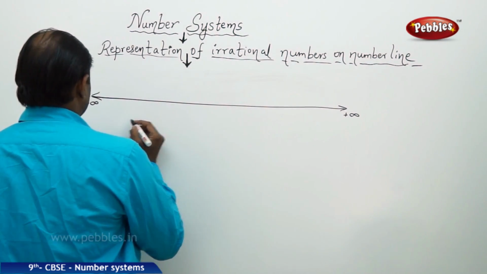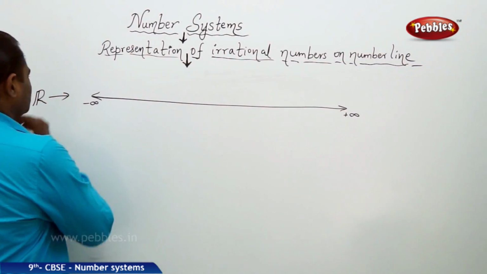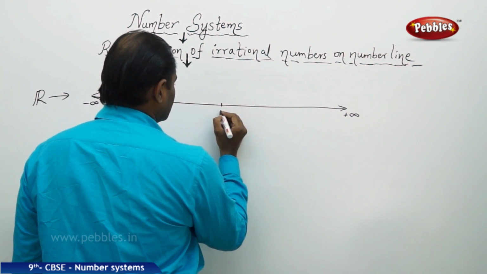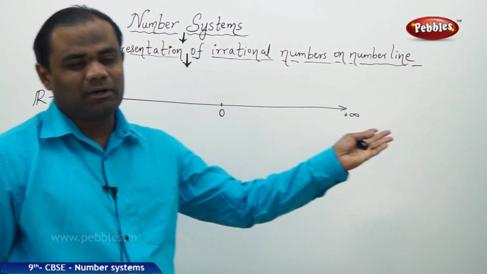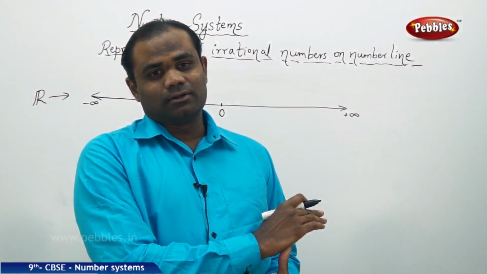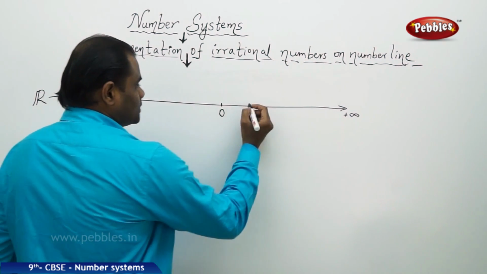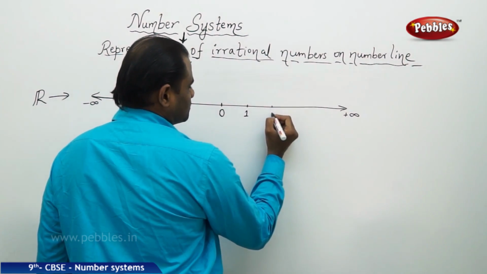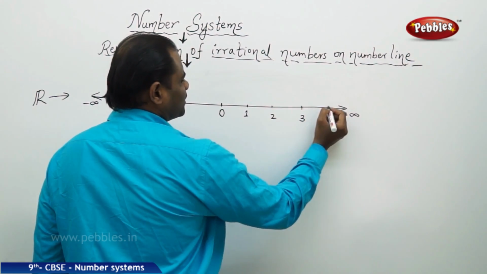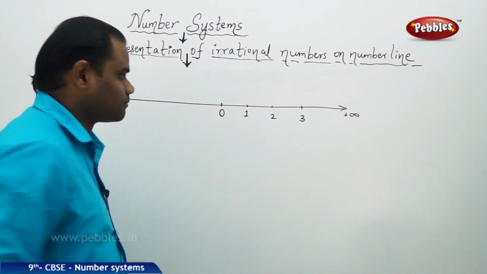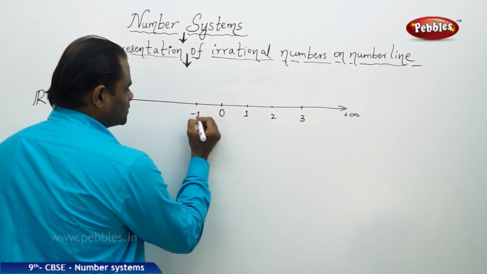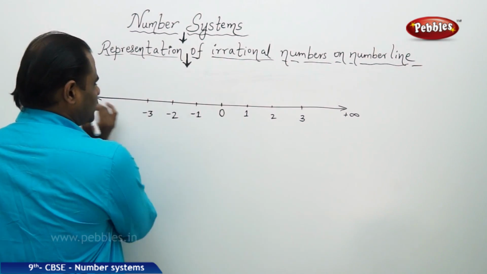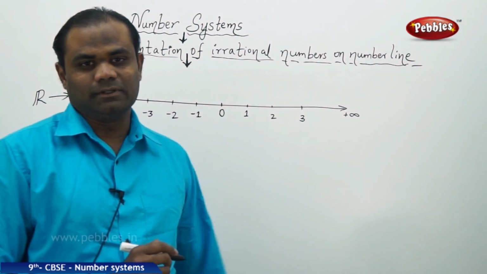Here I have the real number line, represented through the line and called the number line, and exactly in between is the neutral 0, from where on the right side you have all positive values and on the left side all negative values. Let me proceed with the right side, which is 0, 1, and next comes 2 and 3 and so on till infinity on the right. Similarly, on the left I have negative 1, negative 2, negative 3 and so on unto the negative side of infinity.